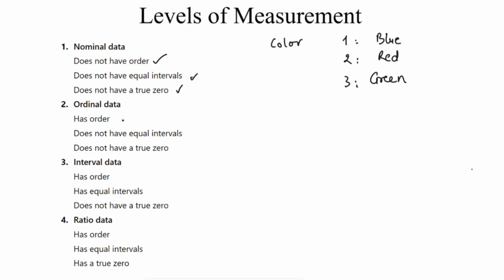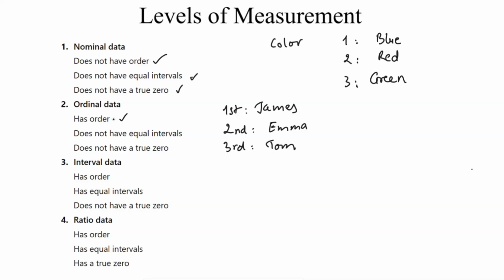Ordinal data has order, doesn't have equal interval, and doesn't have a true zero. So what is ordinal data? For example, in a competition, the first rank is James, the second rank is Emma, and the third rank is, for example, Tom.